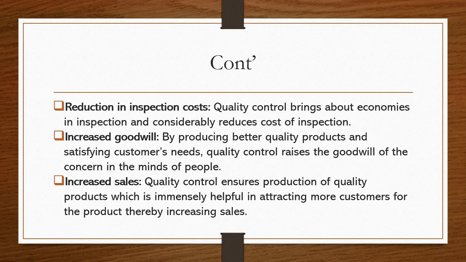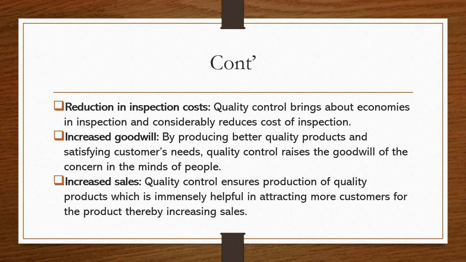So to continue, we have increased goodwill. By producing better quality products and satisfying customers' needs, quality control raises the goodwill of the concern in the minds of people. What we call goodwill is like the liking of the business by the potential customers, even the customers, even by the general public.